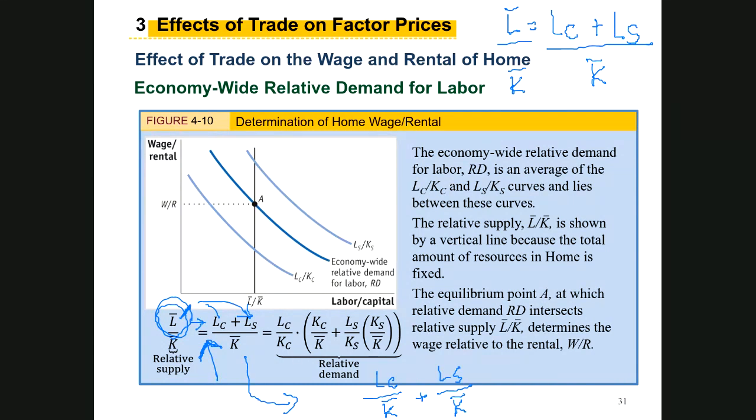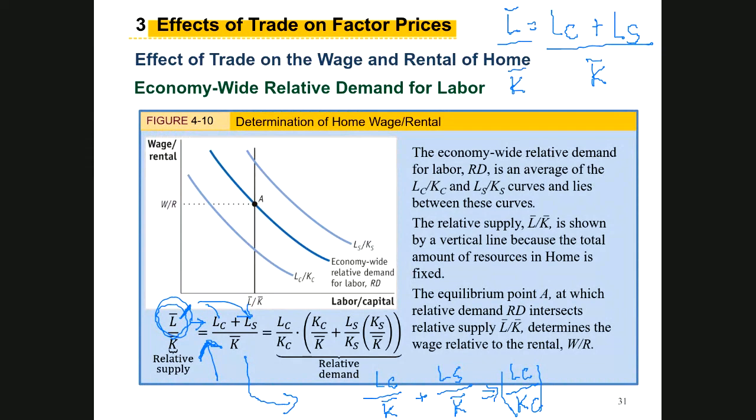But this is a little bit hard for us to do analysis with. What we need to do is an algebraic trick. I need to put the relative labor-capital ratio in the computer sector. In order to do so, I need to add capital in the computer sector in the denominator.